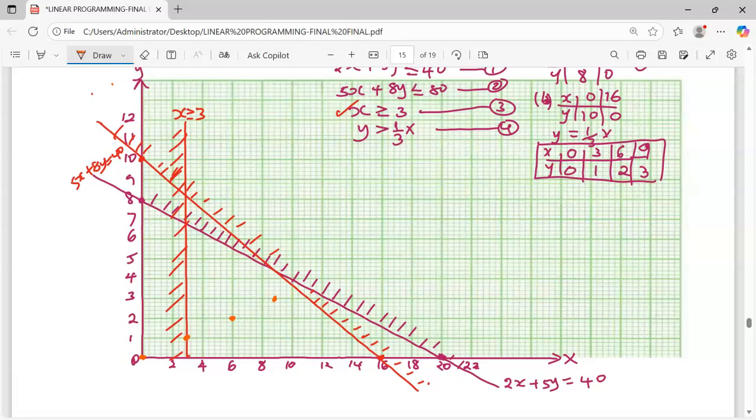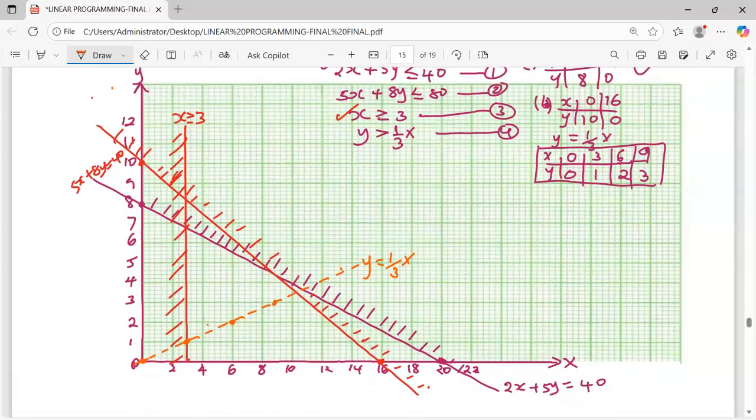Here we are going to use a broken line because the region we have is not included. Having done that, we again look at what we are going to shade, but this is y is equals to a third x.